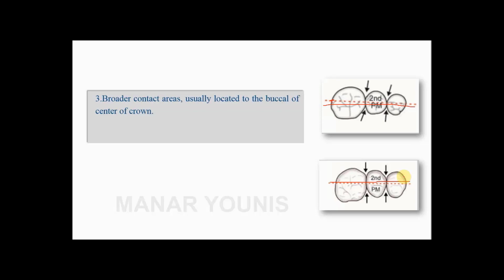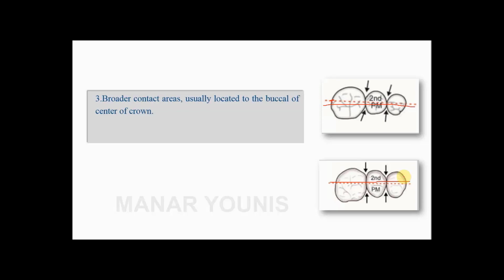Usually, posterior teeth in general have a greater facial-lingual or buccal-lingual dimension compared with their mesiodistal dimension. The only exception for this is the mandibular molars, where their mesiodistal diameter is more than buccal-lingual. While for maxillary posterior teeth, maxillary premolar and maxillary first molar, the facial-lingual dimension is greater than the mesiodistal dimension.